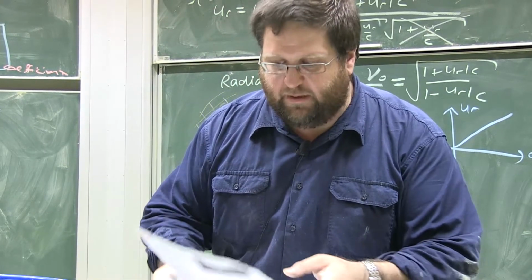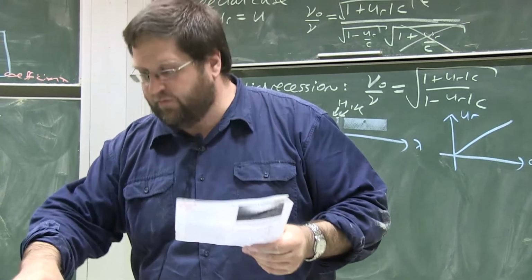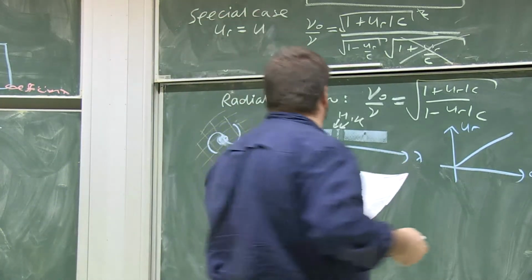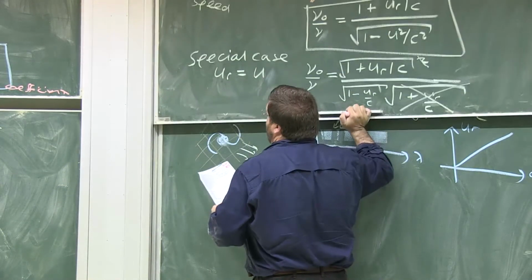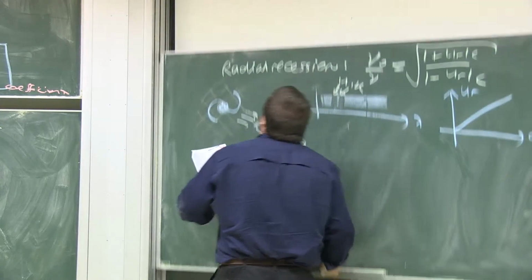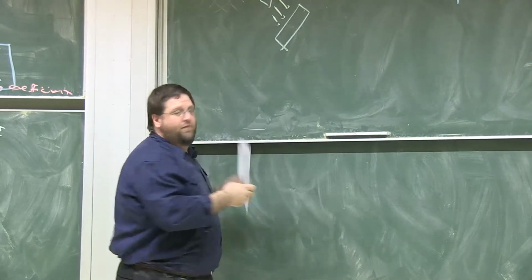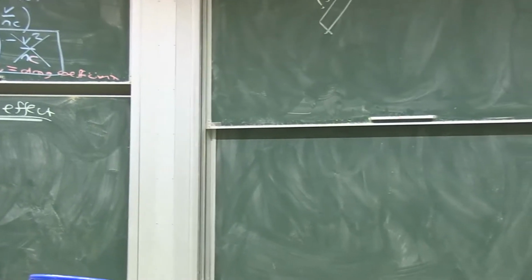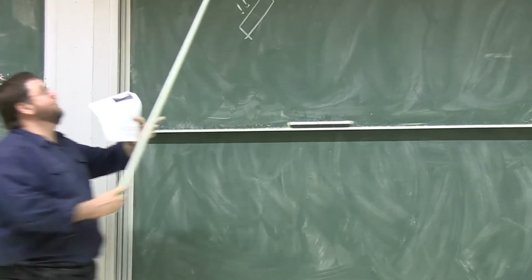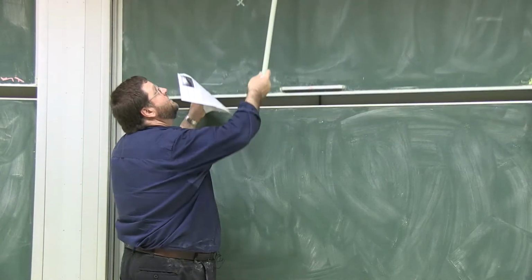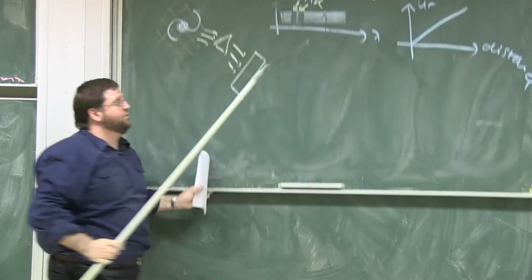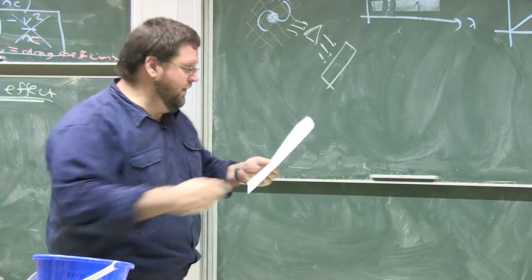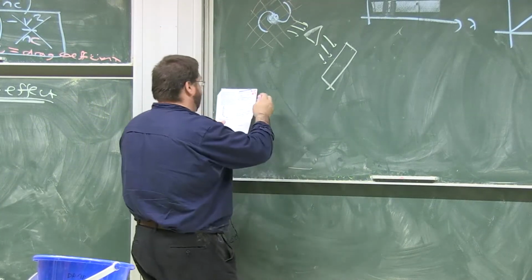And so aberration is about what you might call the relativity of direction. So if you're driving in a car and it's raining, the angle with which the raindrops strike a horizontal surface of the car is going to be dependent on the relative motion of the car relative to the Earth.